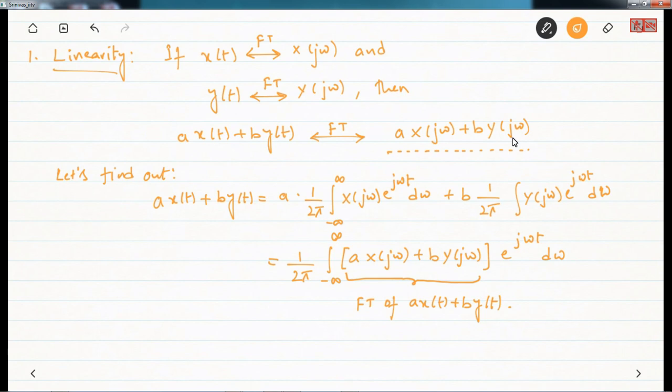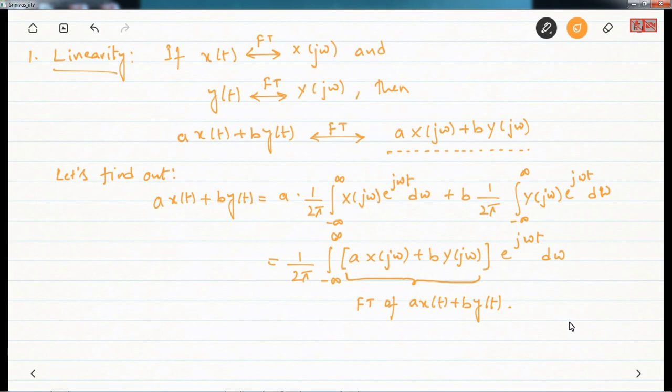Some of you might have guessed it when I wrote this blank. In place of x of t, I have put its Fourier integral. In place of y of t, I put its Fourier integral. And then I simply joined these two integrals. Whenever I can write something as 1 by 2 pi integral from minus infinity to plus infinity of something multiplied by e power j omega t d omega, that will become the Fourier transform. Right?